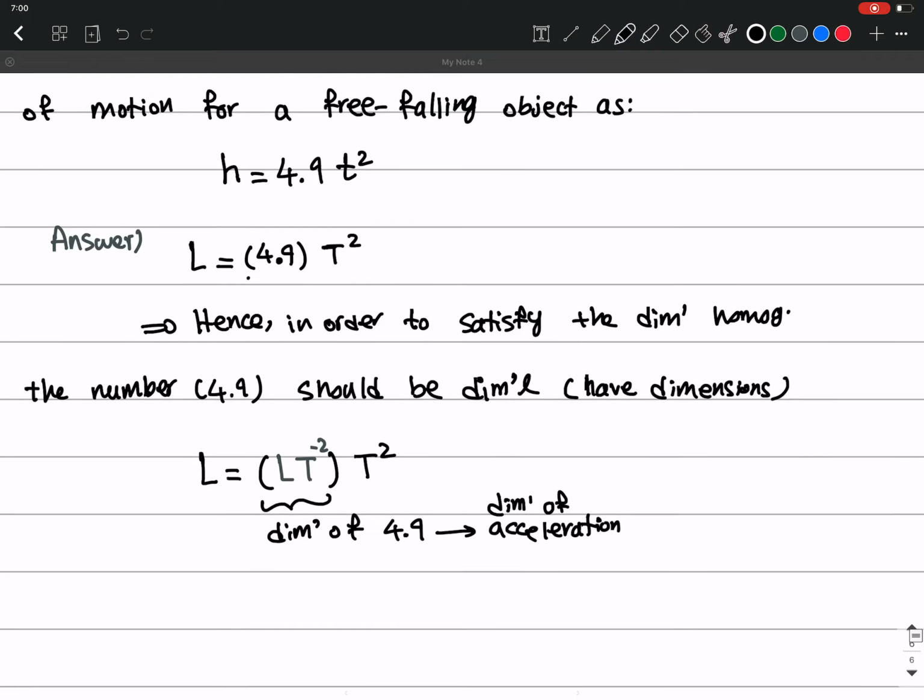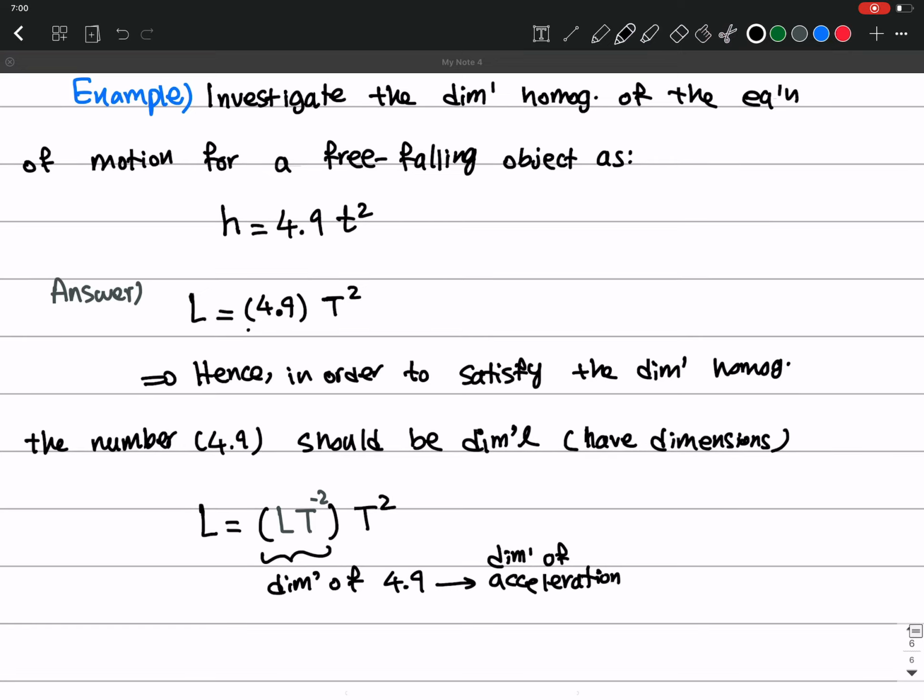So just think a little about this. What does this 4.9 represent? Let's say I would give you 20 seconds to think about it. Try to remember, what does it mean?